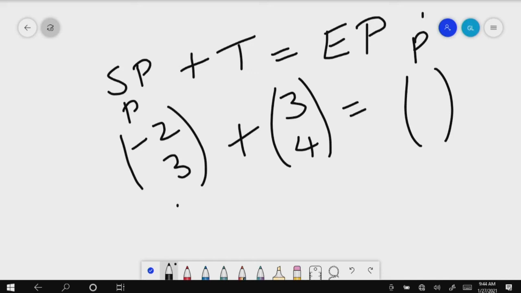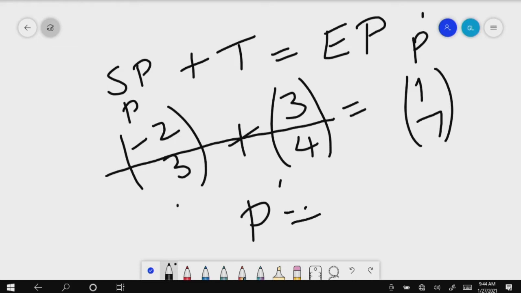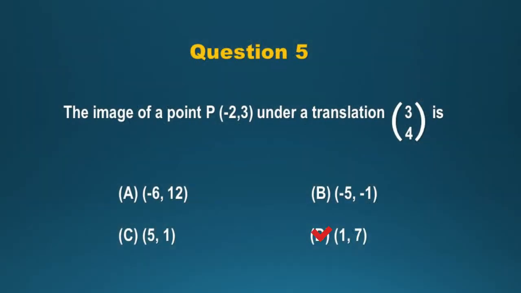By applying the addition of the values of x and y, we would have (1, 7). Hence, our image value is (1, 7). So the image of (-2, 3), which undergoes a translation of (3, 4), gives us an image value of (1, 7). Hence, our solution would have been D.